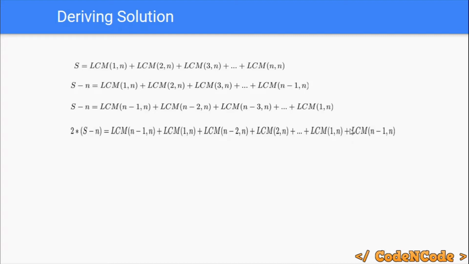This way we are going to have n minus 1 pairs, where the pair is of the form LCM of (n minus a, n) plus LCM of (a, n). So these types of n minus 1 pairs we have.